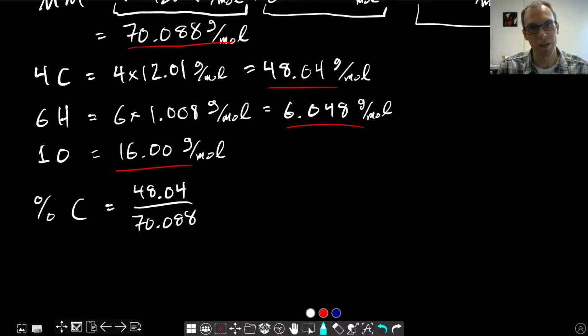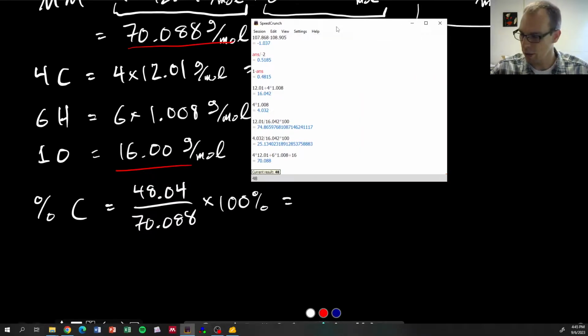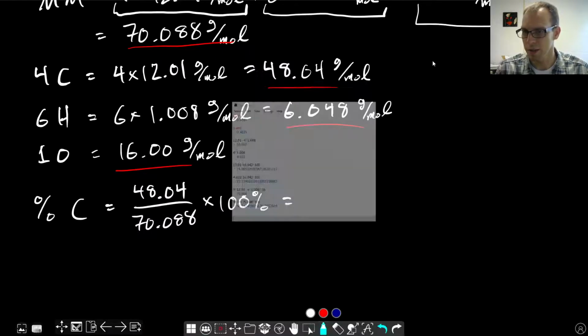I'm just going to leave off the units because they're going to cancel, both grams per mole, just to save me a little bit of writing. I would encourage you to always include the units in your calculations so you don't get mixed up on those. Okay, so 48.04 divided by 70.088 times 100 gives us 68.54%.